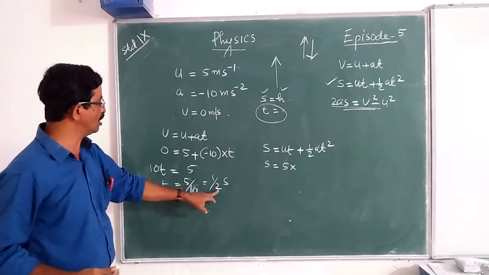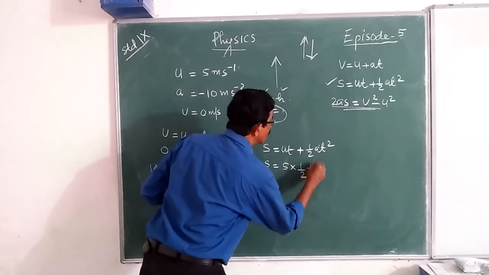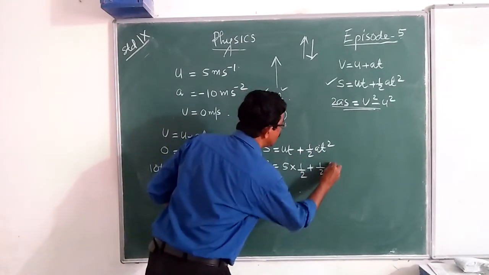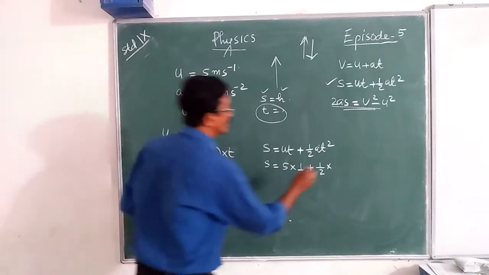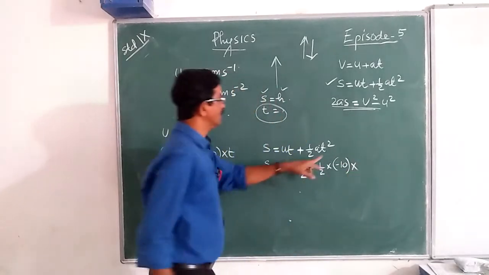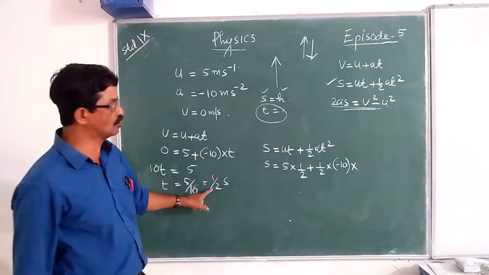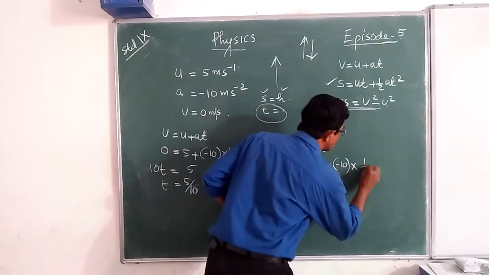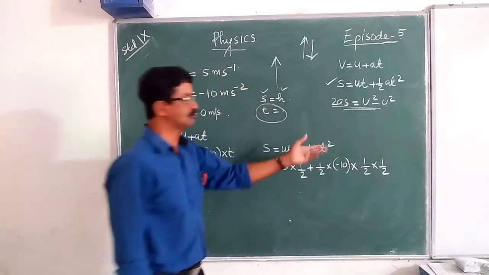Time taken is 1 by 2, plus 1 by 2 into acceleration, which is minus 10, into the next term t square. t we got as 1 by 2, so t square is 1 by 2 into 1 by 2, or 1 by 2 the whole square.